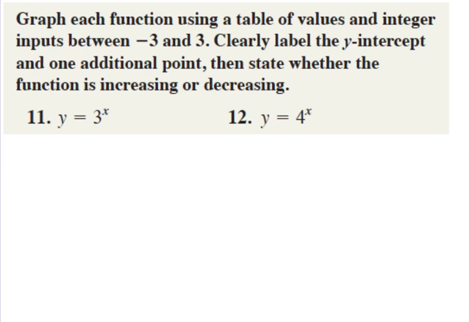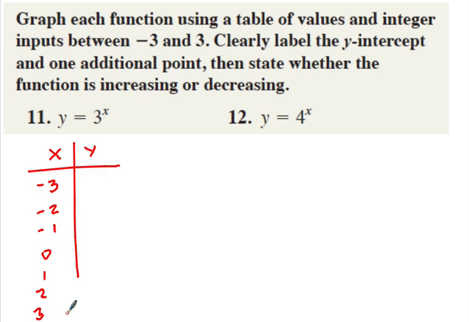Hopefully at some point along the way, somebody said, if you don't know what something looks like, build your x and your y and grab some values around 0. In this particular case, they're going to suggest you take -3, -2, -1, 0, 1, 2, and 3. And then you just plug them into the equation.